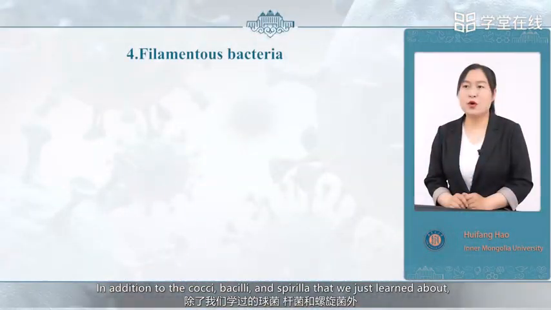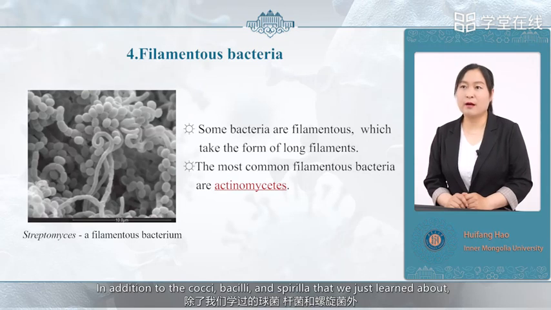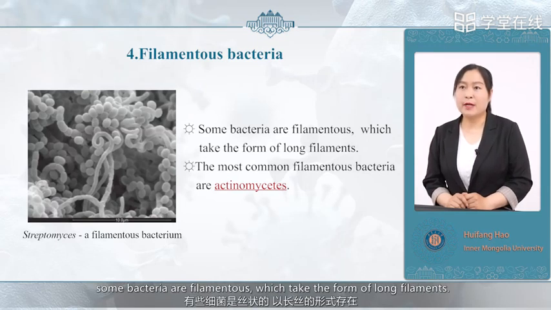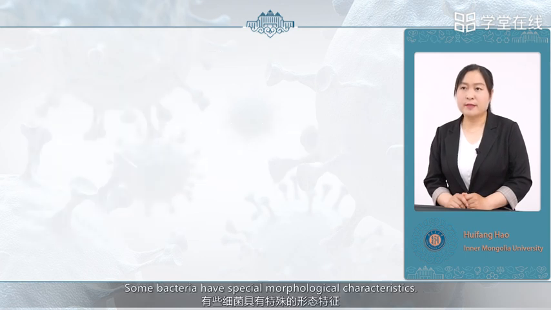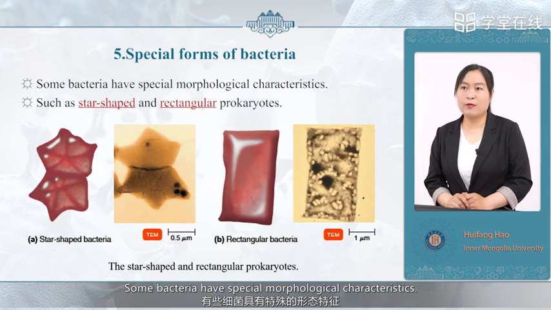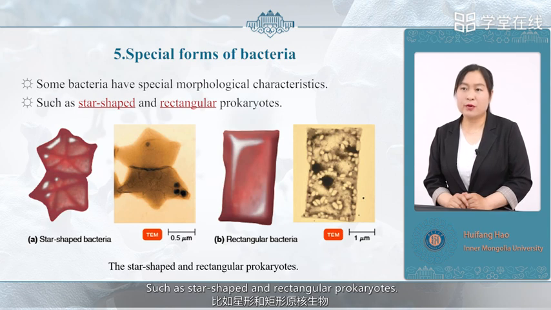In addition to cocci, bacilli, and spirilla that we just learned about, some bacteria are filamentous, which takes the form of long filaments. The most common filamentous bacteria are actinomycetes. Some bacteria have special morphological characteristics, such as star-shaped and rectangular prokaryotes.